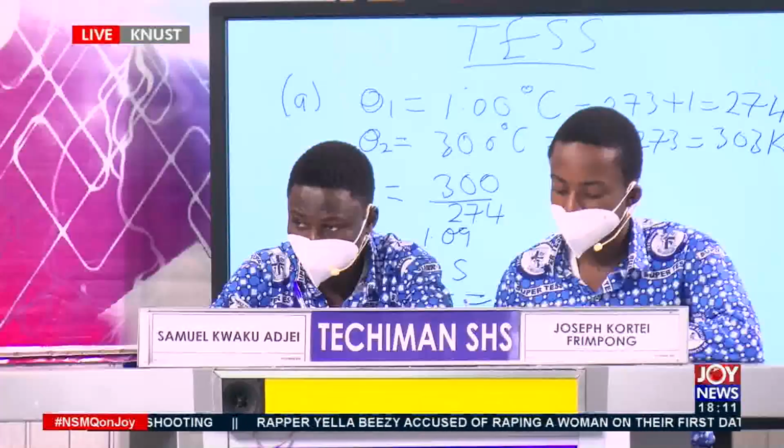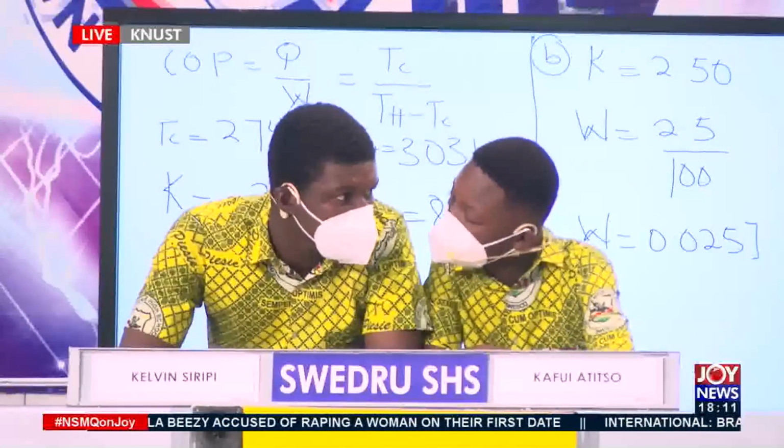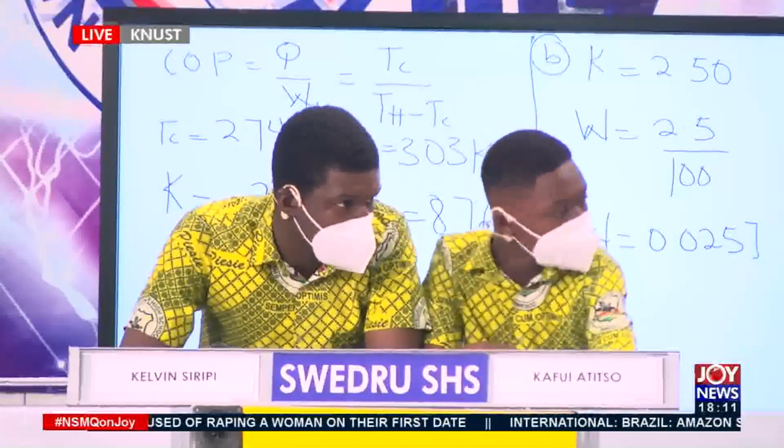Now, the second part, B. If the actual coefficient of performance of the refrigerator is 2.50, determine 1, the work required to extract 100 joules of heat from the interior cold box. Now we have a coefficient of performance of 2.50. So the work required is given by the heat, 100 joules, divided by the coefficient of performance.